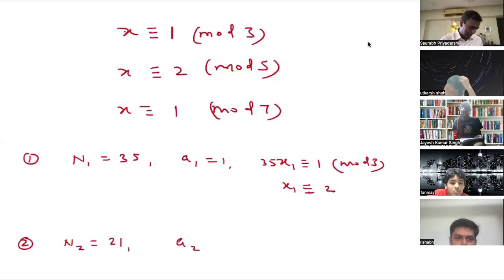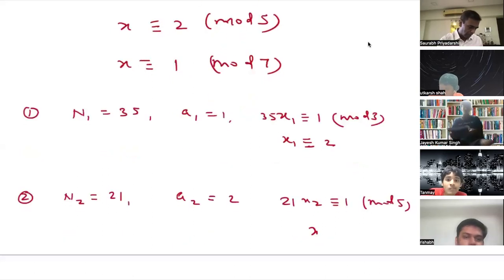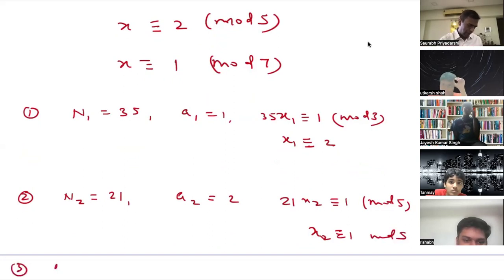In this case 21 x2 congruent to 1 mod 5. So directly you can say that 21 divided by 5 gives remainder 1, so x2 is congruent to 1 mod 5. And in the third case, n3 is 15, a3 is 1, and 15 x3 congruent to 1 mod 7. So again, x3 is coming as 1.